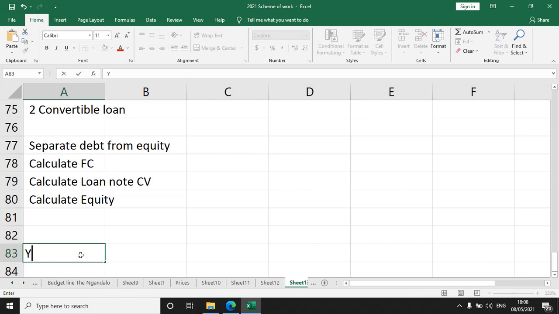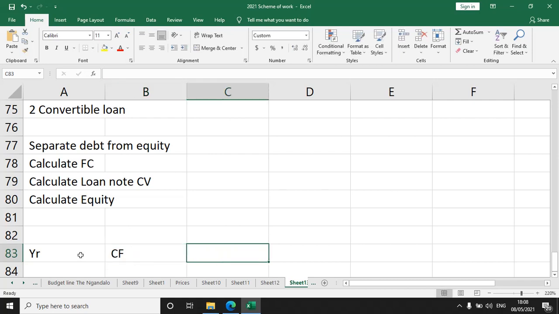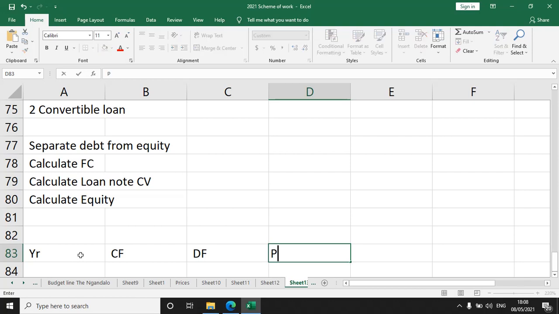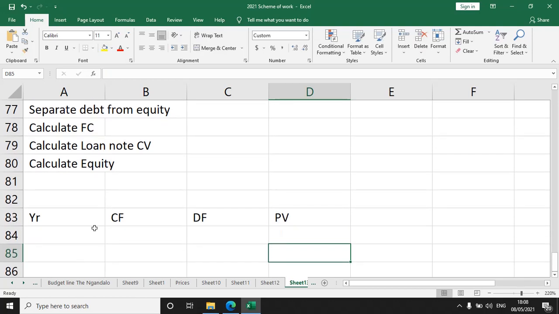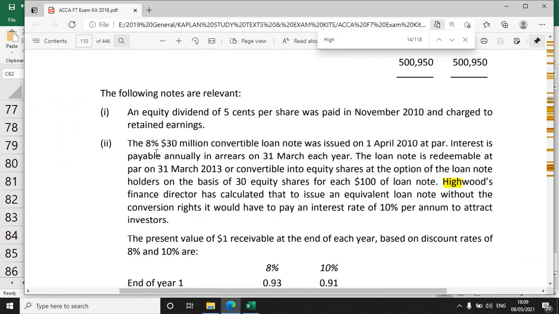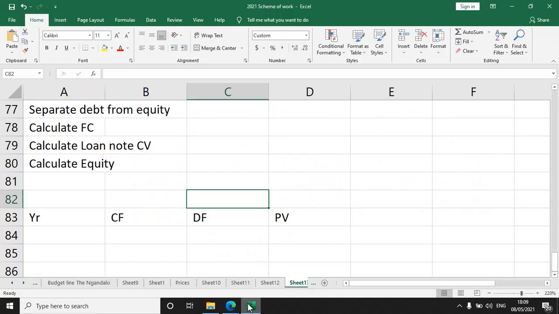You check for the year, then you get cash flow, and then you get your discount factor, DF, and then you have your PV. Now in most cases the discount factor is given, and we normally use the higher rate. So when you look at this question, between 8% and 10%, the higher rate is 10. We want to discount these cash flows at that rate.